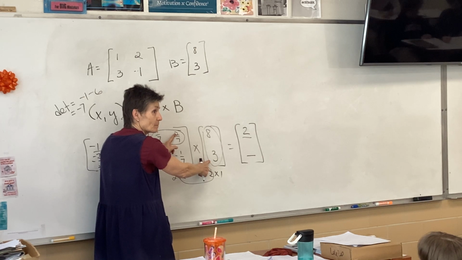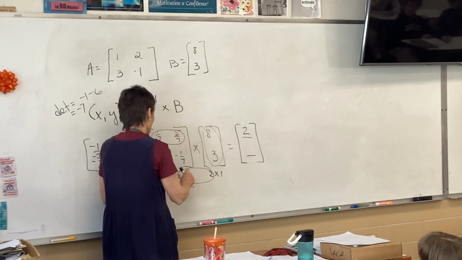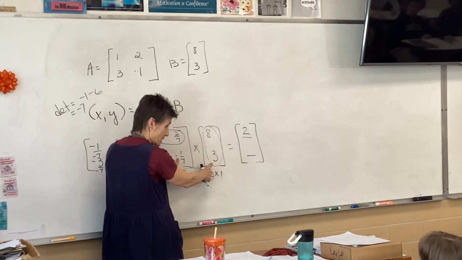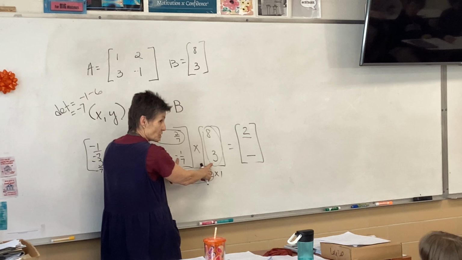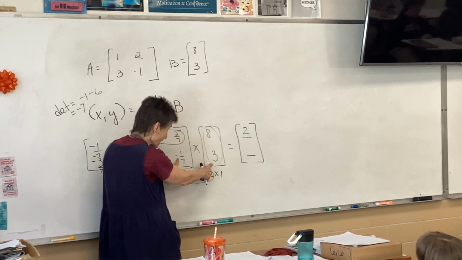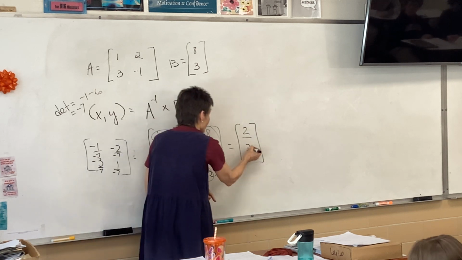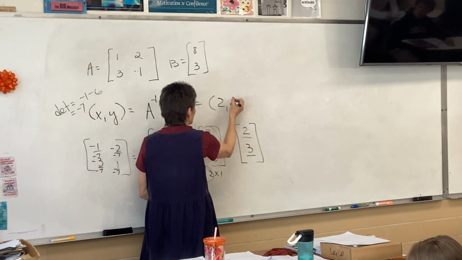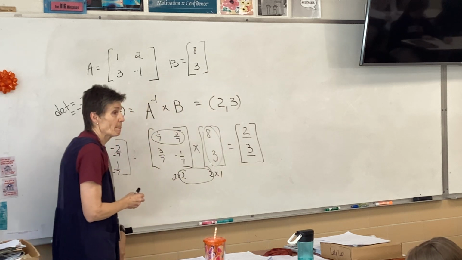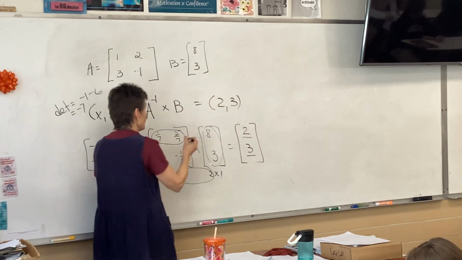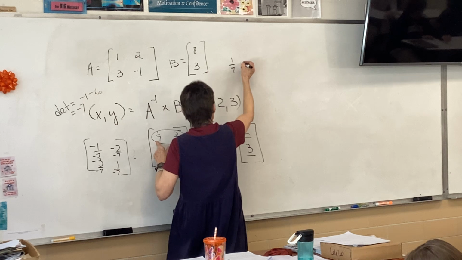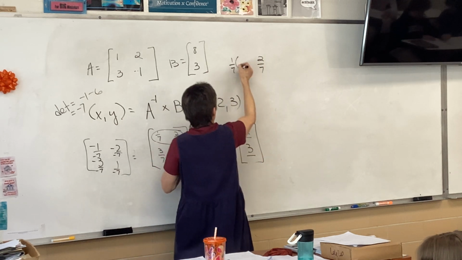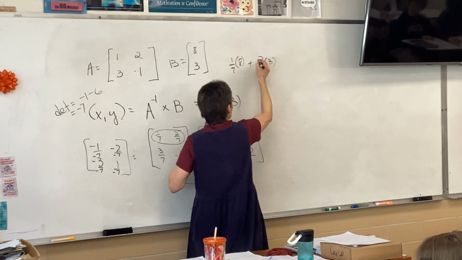With me? All right, what's this one going to be? 24 minus 3, which is 21 over 7, 3. And there is the answer to the question. So again, for that multiplication, you're taking 1/7 and 2/7, and multiplying by 8 and 3.